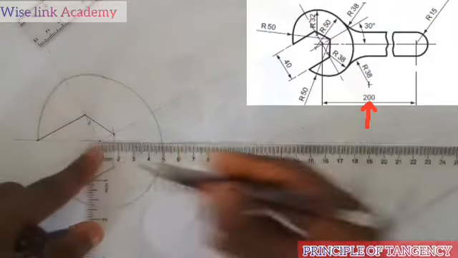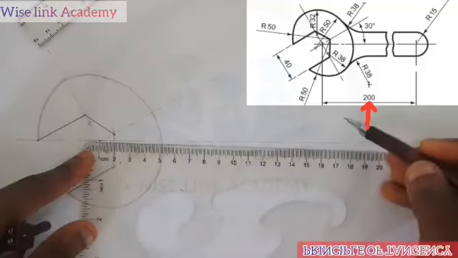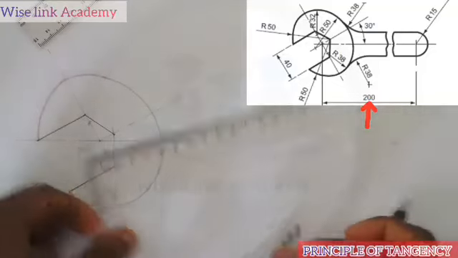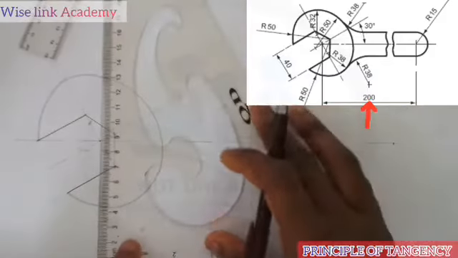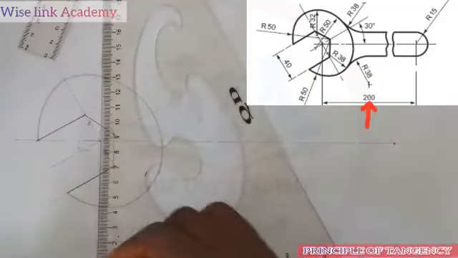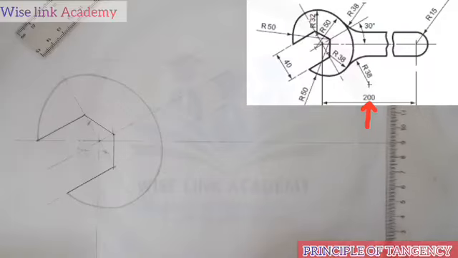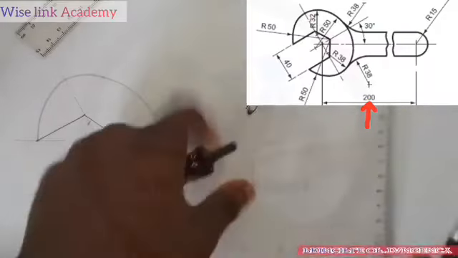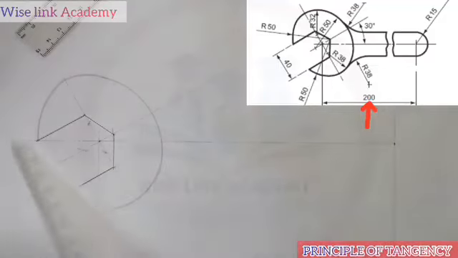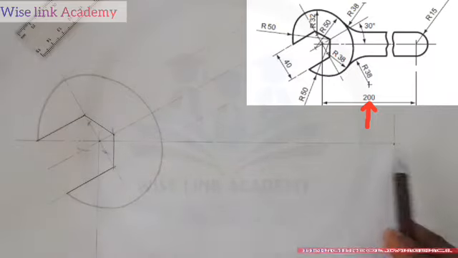So from this point here, down here is going to be what? 200. So I will just draw this downward, right? Downward. Similarly, come to this point, right? At this point here, I'll draw this downward, right? It simply means from here to here is 200 as illustrated in the diagram.